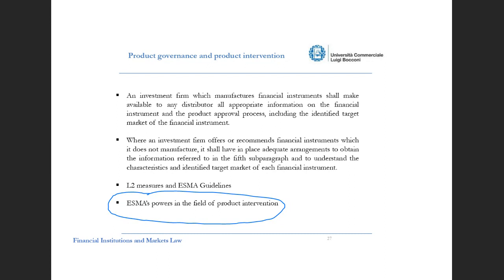It's pretty strong, and it's a measure that comes up after the financial crisis, stimulated by the mis-selling cases that we have seen occur in all member states in the context of the financial crisis of 2008.